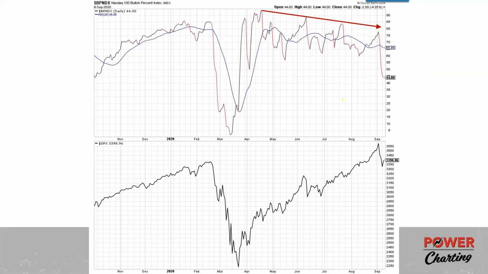Here, I just want to point out the bullish percent as a breadth indicator for the NASDAQ 100. We talked about this multiple times in the past. A series of lower highs in the bullish percent index shows diminished participation by the 100 stocks in this index over time.